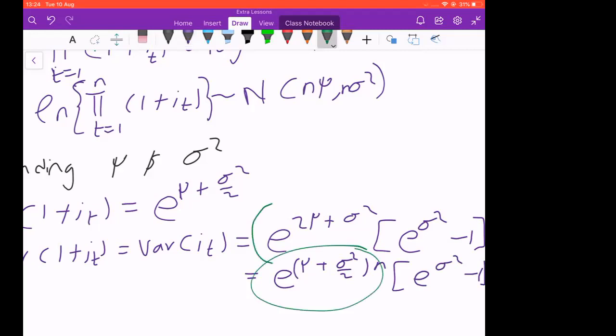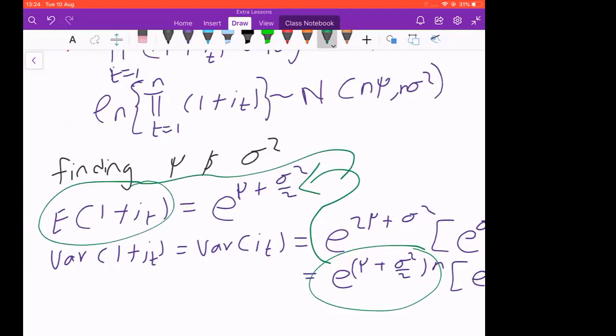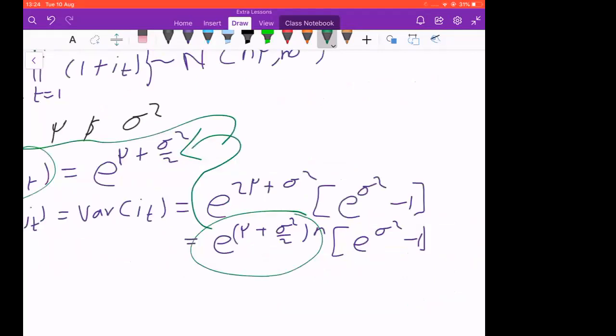You can just put this value here. You solve for sigma squared, 1 plus j, 1 plus j squared.